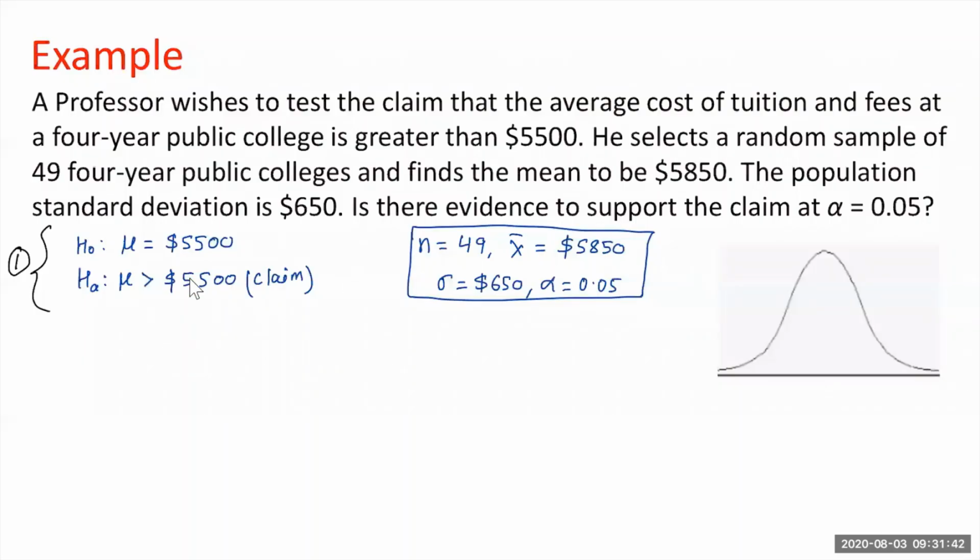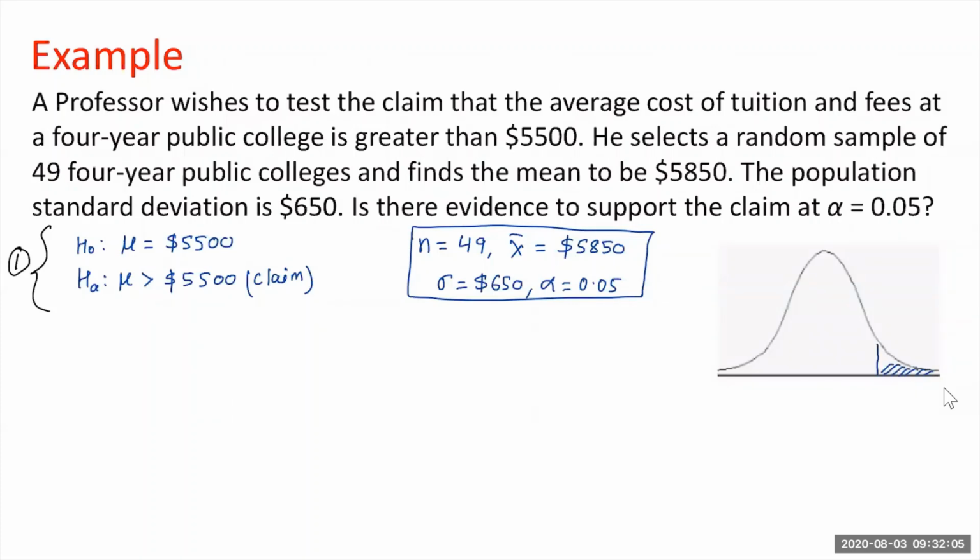Now we have to decide whether this is a one-tail or two-tail test, and for that we look at the alternative hypothesis. We have greater than, which means it is a right-tail test.